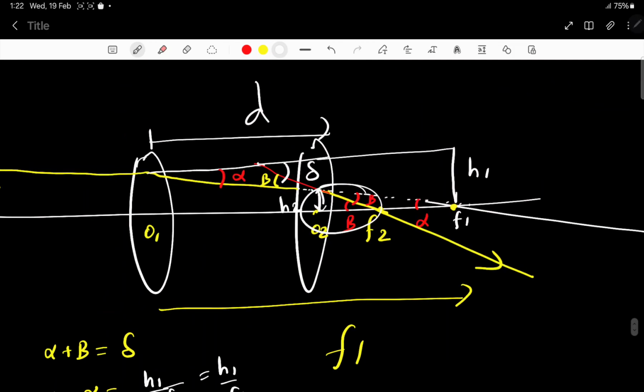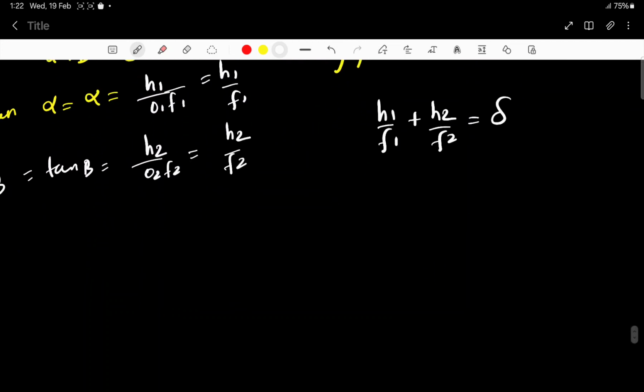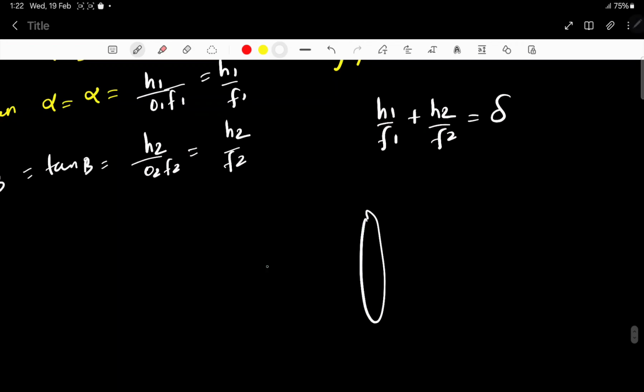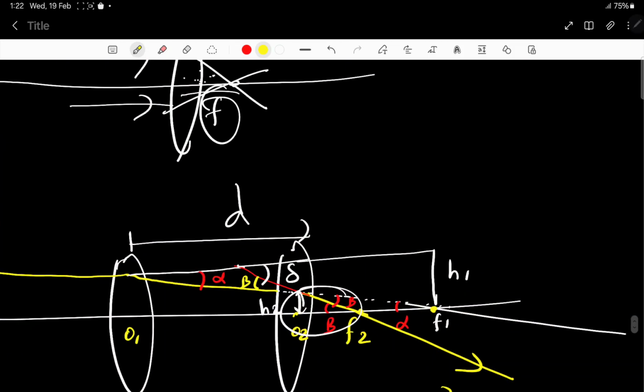So to produce the same deviation angle, what equivalent focal length do we need? Let me call it F equivalent. We have a single lens only this time, with the same object of the same height H1, but it should produce the same deviation angle as was produced by these two lenses together.